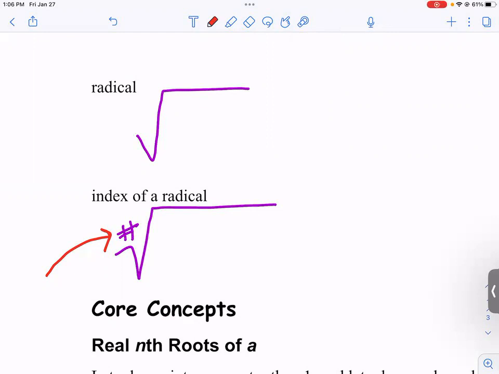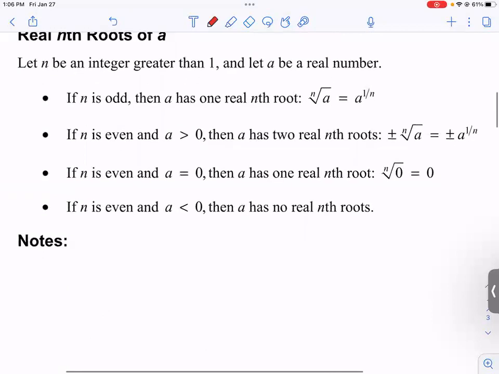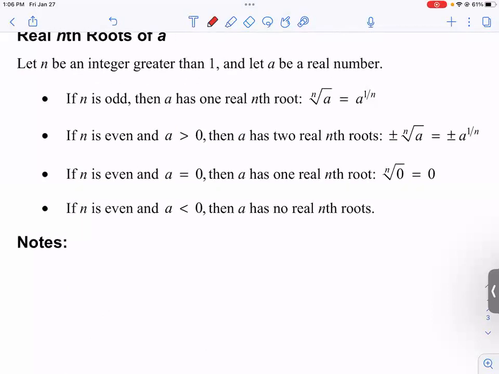Okay. Now, here's where the fun comes in. If we have an odd root, not odd as in weird, odd as in like 3, 5, 7, then you're only going to have one answer. There's also something that's a little crazy.